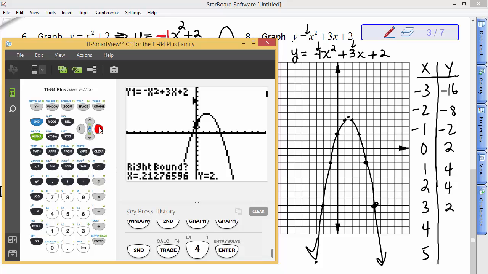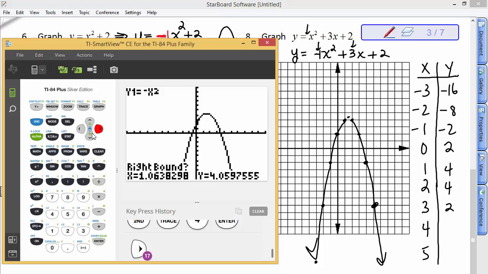And then you hit enter again to ask it to tell you where that maximum point is. And it says when x is 1.5, y is 4.25. So this spot right here was supposed to be just a little bit over, but that's what's going to define it. I better write that down. So when x is 1.5, y is 4.25. So I'm going to fill in this vertex.